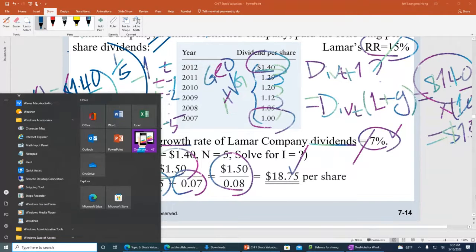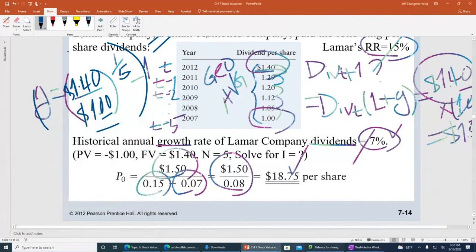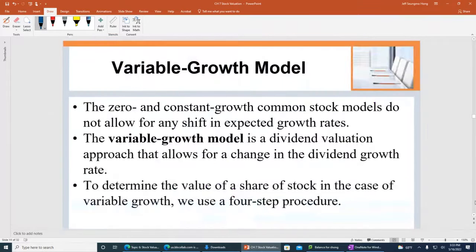Okay. Now, we're going to move on to the third model, the variable growth model.